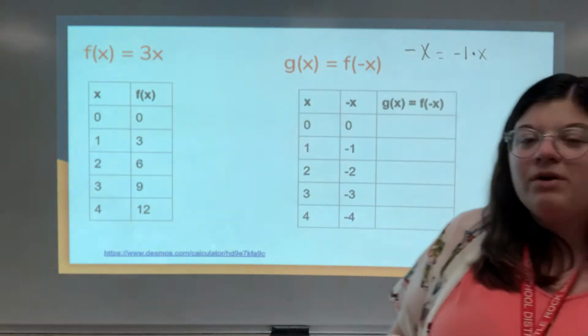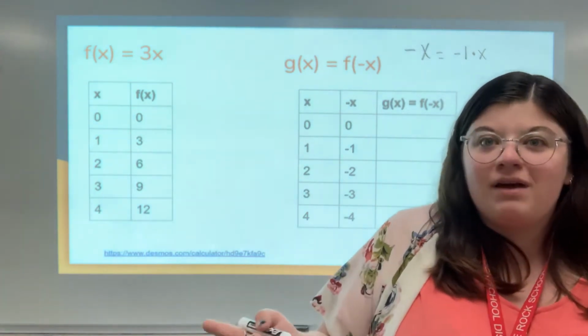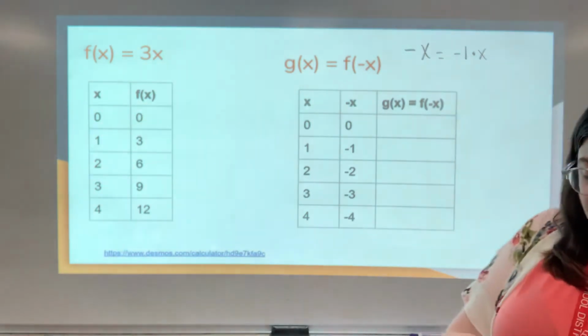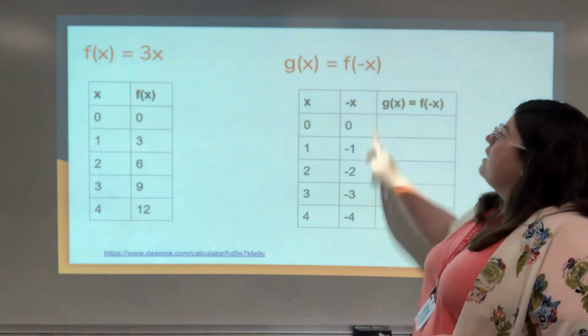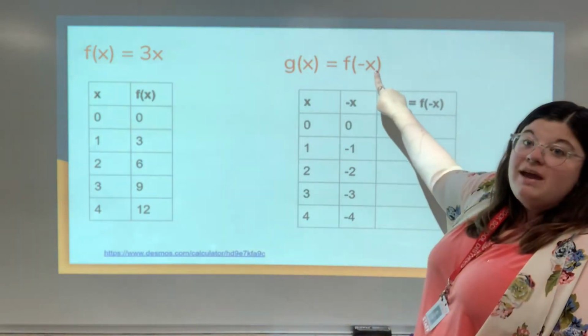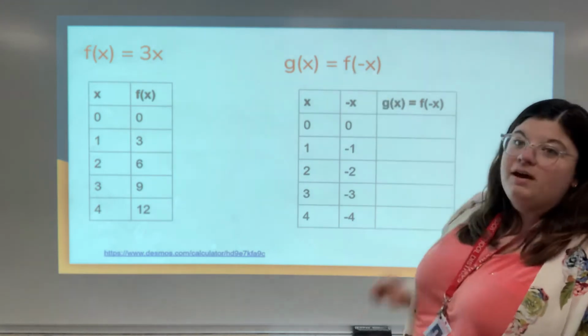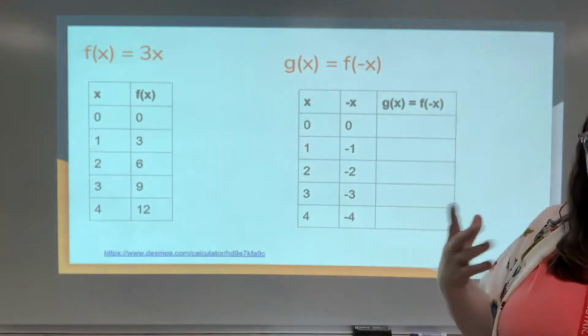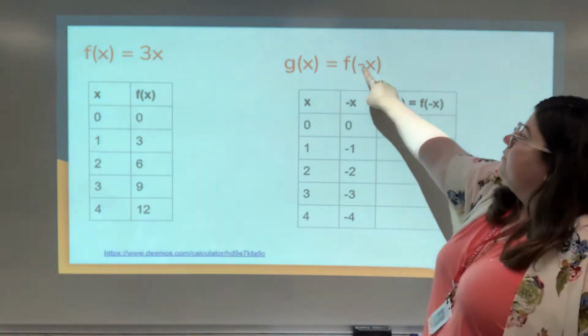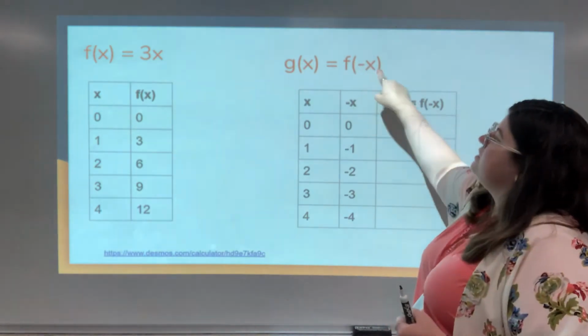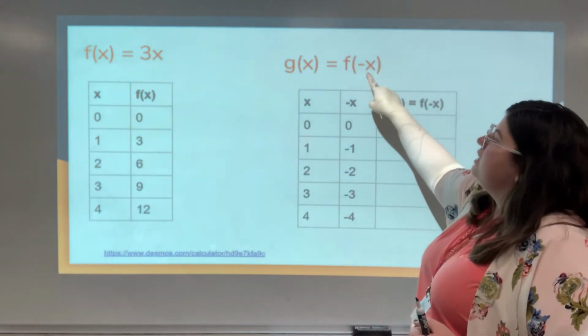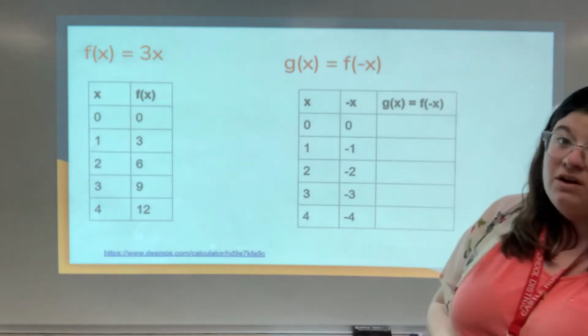So if your parameter here is a negative 1, I'm multiplying by a negative 1 on the inside. Don't worry too much if that doesn't make any sense right now, but just know that I am making a change to my x, and then I'm applying the function, all right? This negative on the inside, that parameter, it's on the inside of the function. It's in between these parentheses. I'm making a change on my input before I even apply the function.